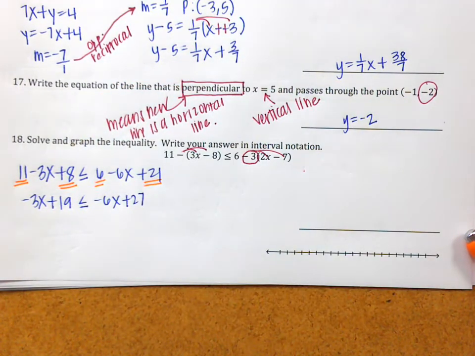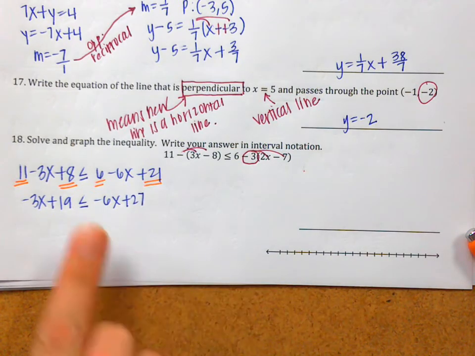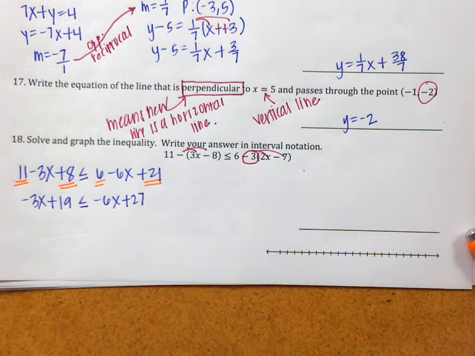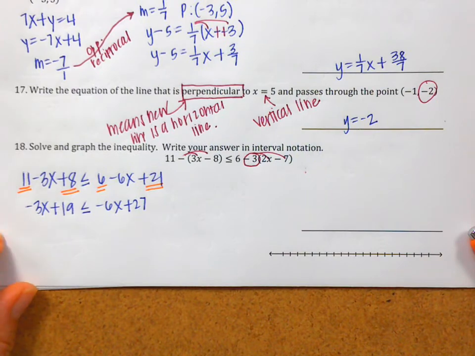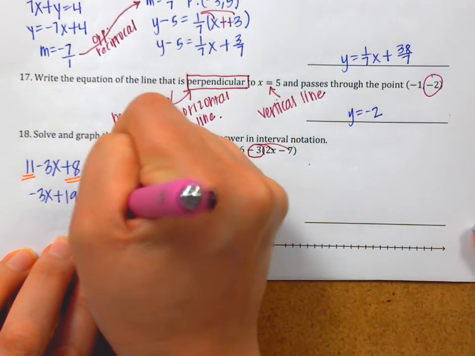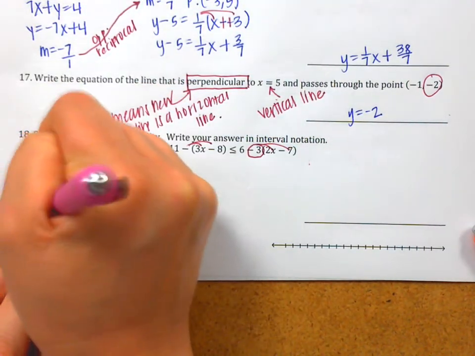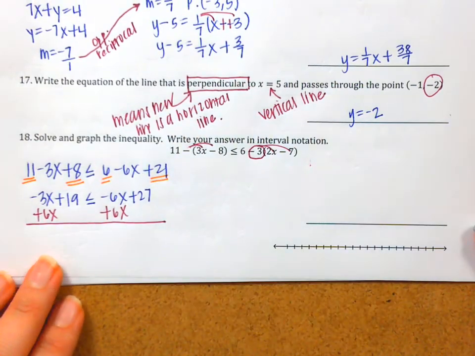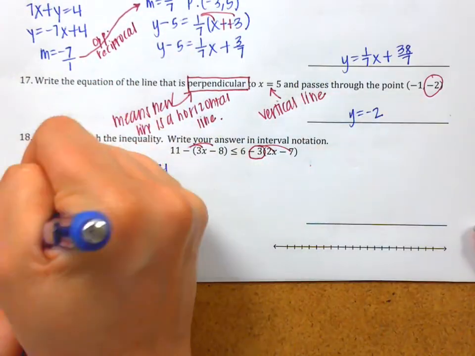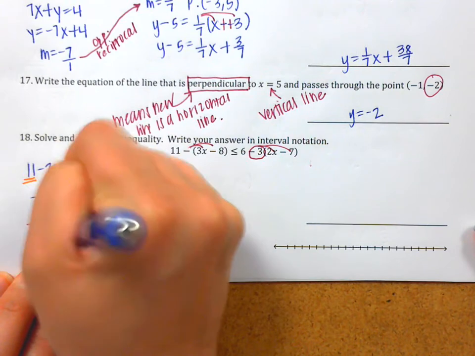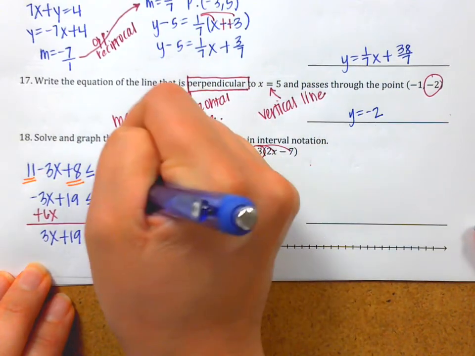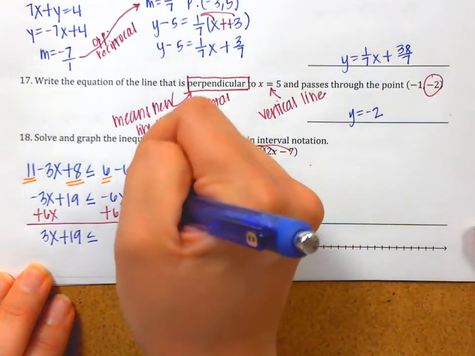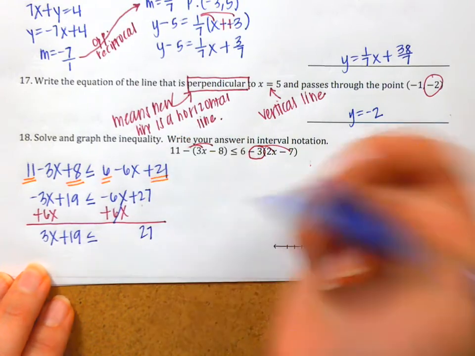I would continue to solve this by moving the negative 6x to the other side because I want to get the x's together. So I'm going to add 6x to both sides. Negative 3x plus 6x is 3x. Bring down that 19. Negative 6x plus 6x cancels, and then I bring down that 27.